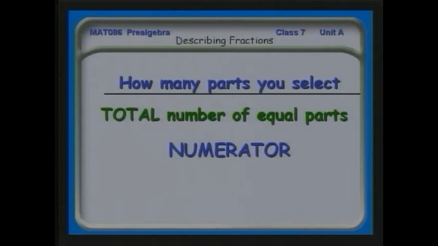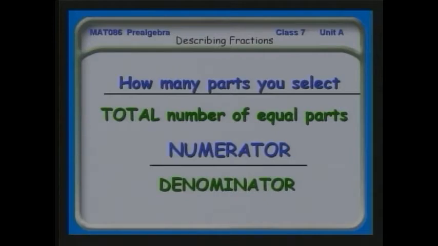For example, if you have 3/5, 3 is the numerator. And the number on the bottom, which says what the total number of equal parts is, is called the denominator. So in the case of 3/5, 3 would be the numerator, and 5 would be the denominator.